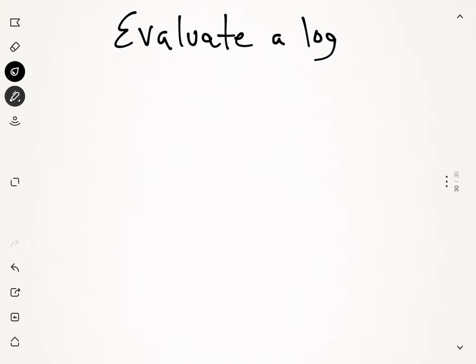Now, suppose we had to do something like evaluate a logarithmic expression. Suppose we had to evaluate a logarithmic expression.